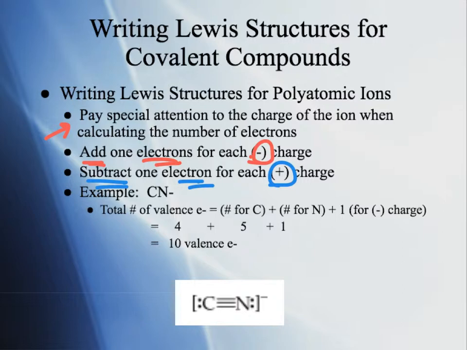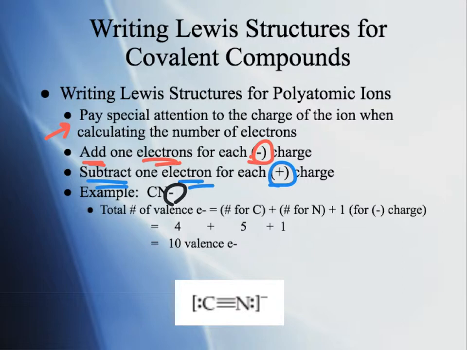the number of protons. So for example, here's the polyatomic ion cyanate, and if you would add up the valence electrons on the periodic table for both carbon and nitrogen, carbon has 4 valence electrons and nitrogen has 5 valence electrons. So that would be 9 total, but this polyatomic ion has a negative 1 charge, so you're going to add 1 valence electron for the negative charge.